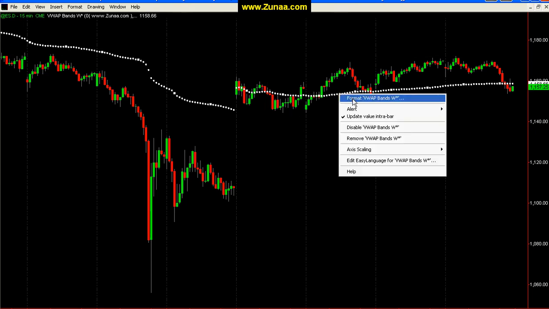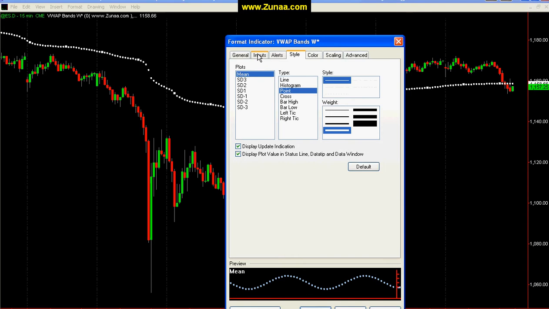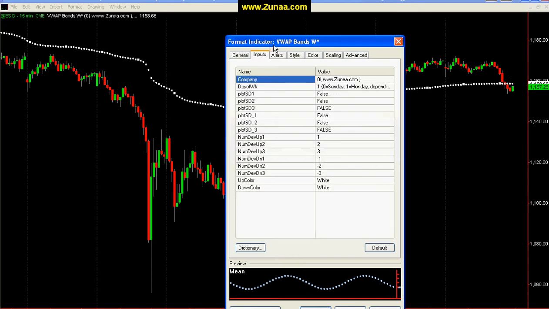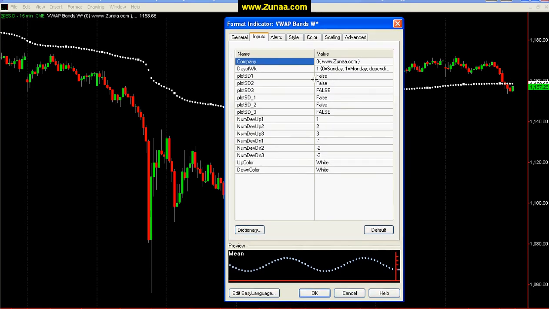Now here's how you would set this chart up. Once you insert the analysis technique, you choose it and insert it, you'll be prompted to take a look at the format and the inputs if you need to make changes. The key input you want to pay attention to is this one right here, day of week, where 0 equals Sunday and 1 equals Monday. Depending on the session you're using, enter the day on which the data begins for your instrument.